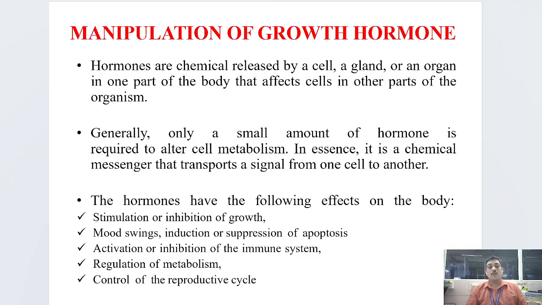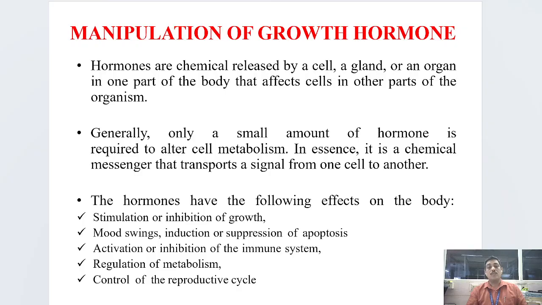A very small amount of hormone is required to alter cell metabolism. That means only whenever it is required will the hormone be produced, and the produced hormone then regulates the metabolism of the cell, the organ or the animal.